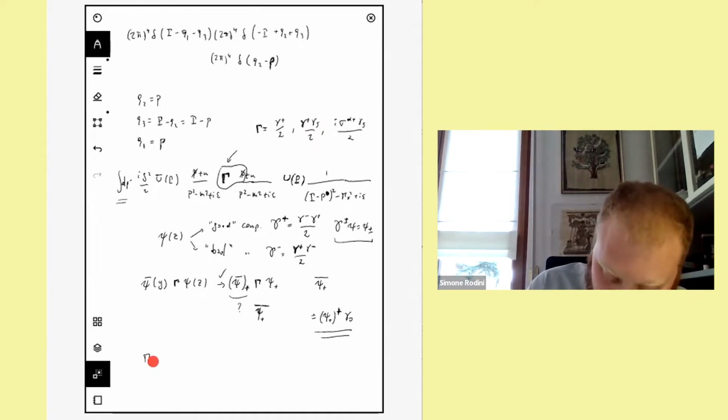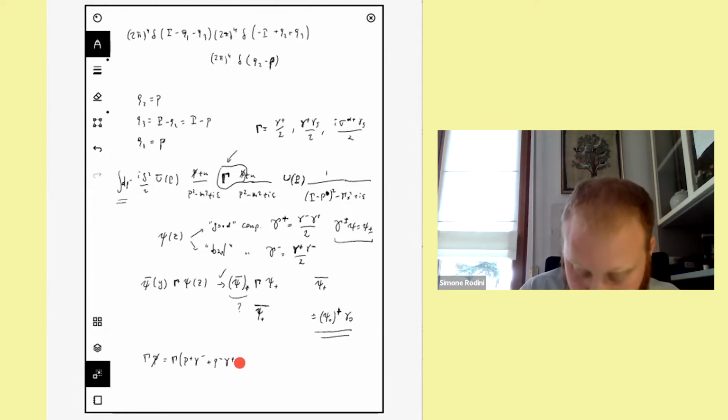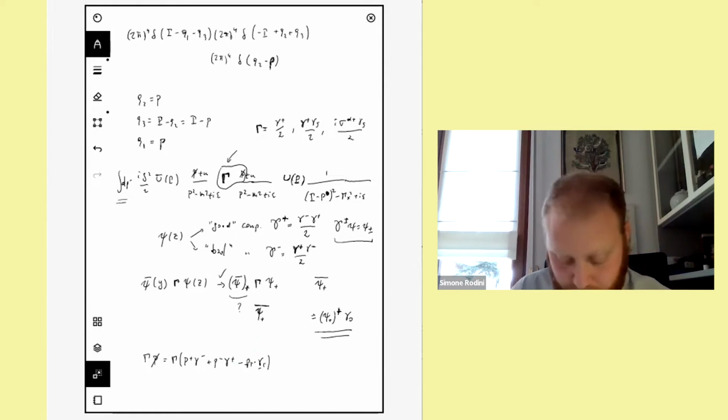So you have gamma of p slash, which is nothing else than gamma of p plus gamma minus plus p minus gamma plus minus pt gamma t. So this is Euclidean.